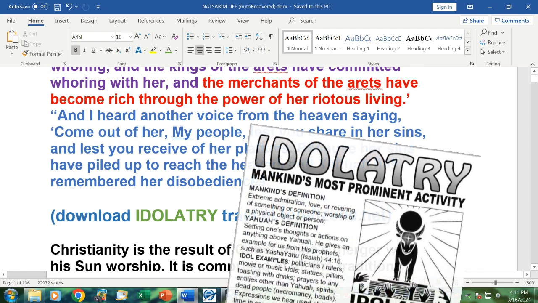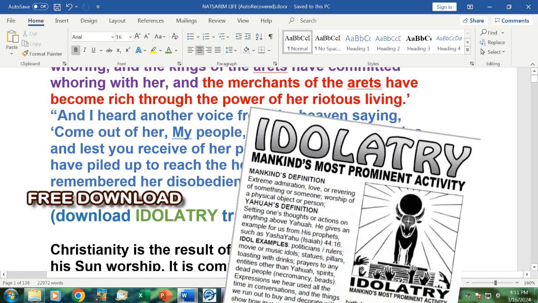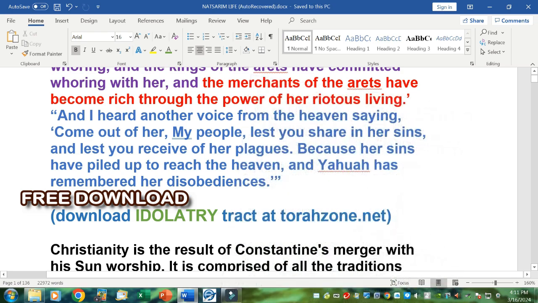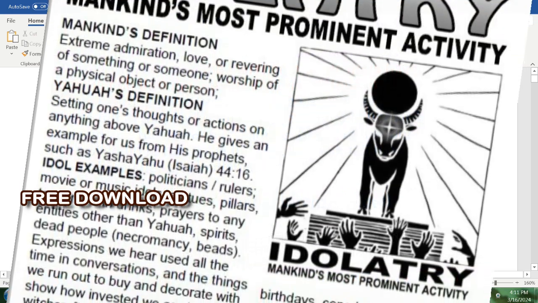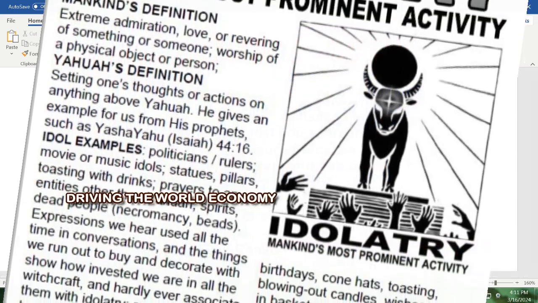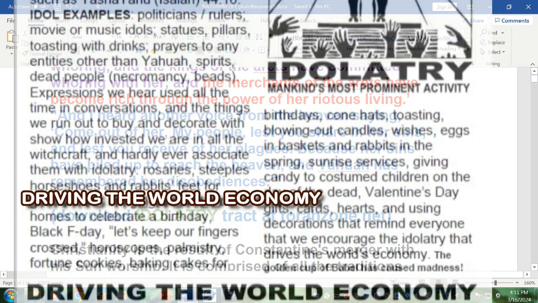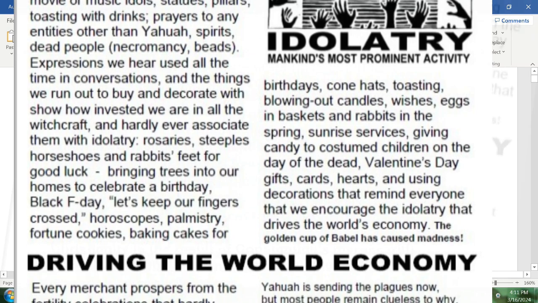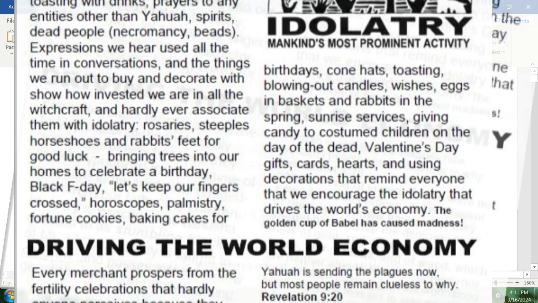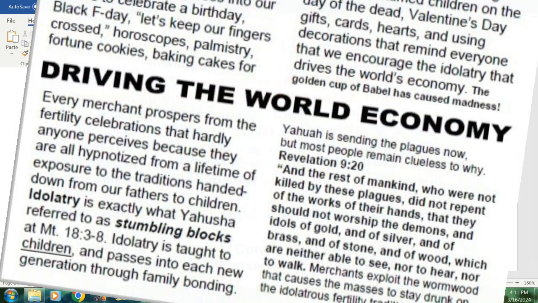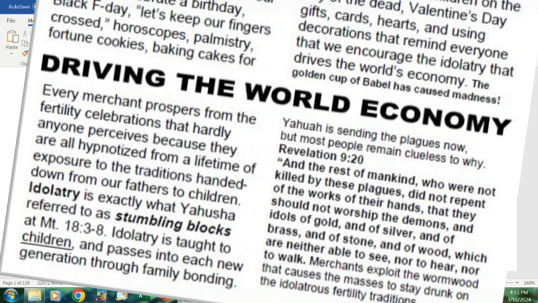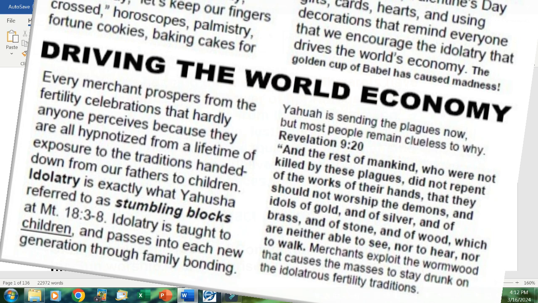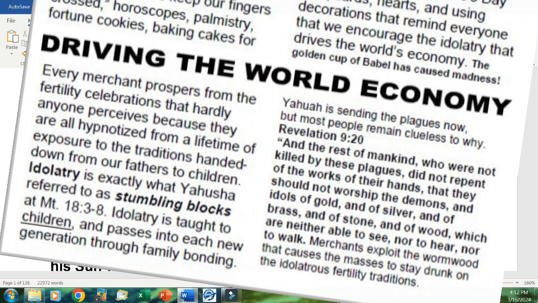Now this is a tract I want to mention here. You can download it from TorahZone.net. It's called Idolatry. What has happened is the world economy is embracing pagan practice. Just look at all the big department stores and grocery stores that set up little zones within their stores that adopt whatever the next world economy pagan practice is going to be.